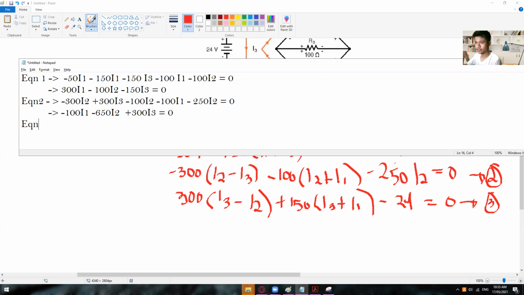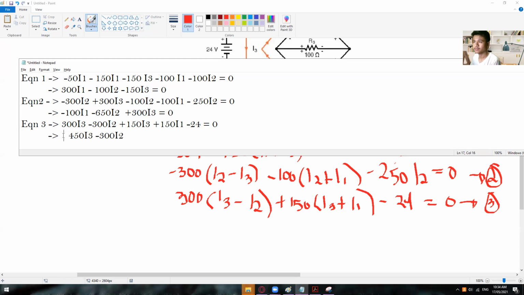And then for the last equation, we have here 300 I sub 3 minus 300 I sub 2 plus 150 I sub 3 plus 150 I sub 1 minus 24 is equal to 0. Okay, I guess we can still simplify this one. 300 plus 150 is 450 I sub 3, minus 300 I sub 2.